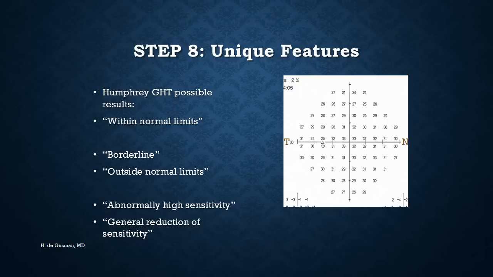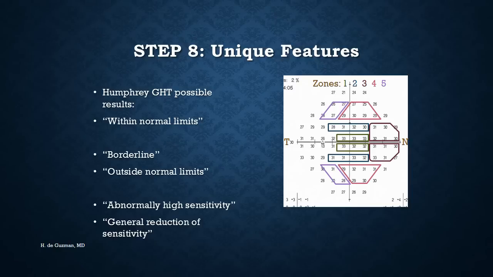So the Humphrey GHT has 5 possible results: within normal limits, borderline, outside normal limits, abnormally high sensitivity, general reduction of sensitivity. These are the zones that the GHT compares. Zone 1 superiorly is compared with Zone 1 inferiorly. Zone 2 superiorly is compared with Zone 2 inferiorly, and so on.